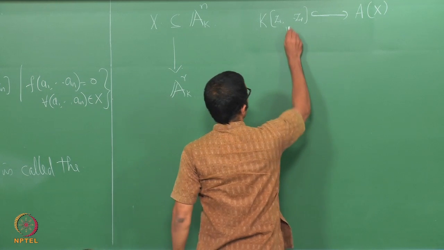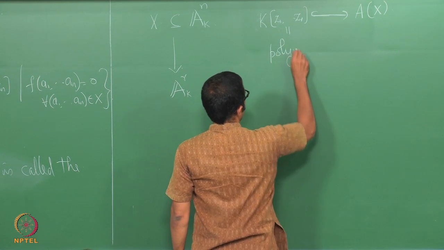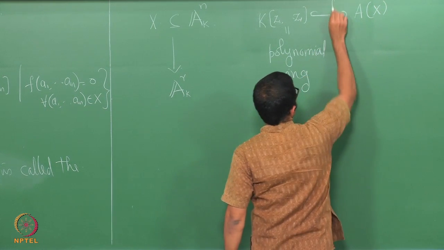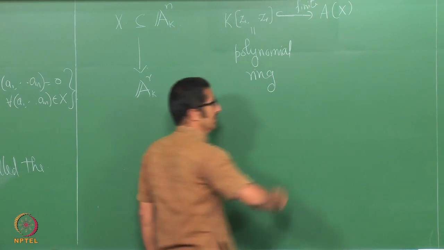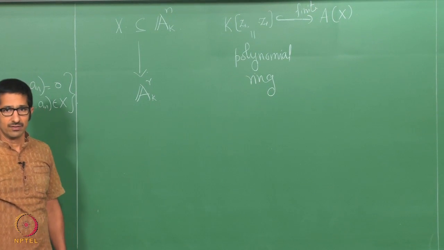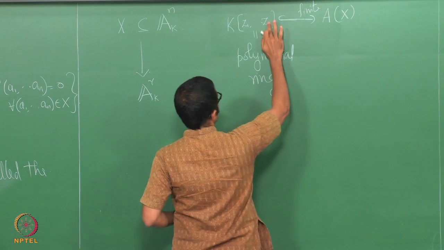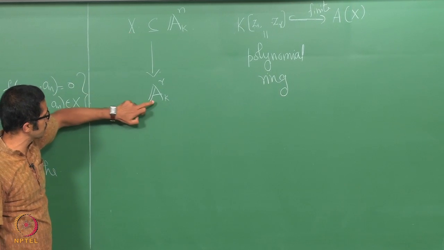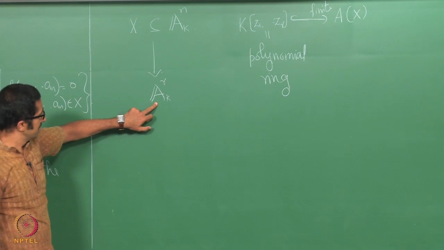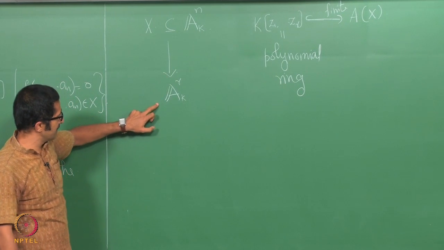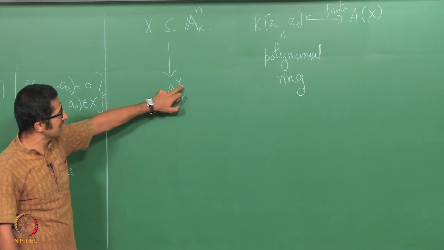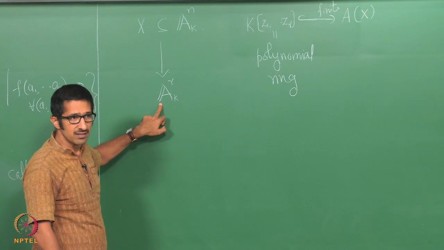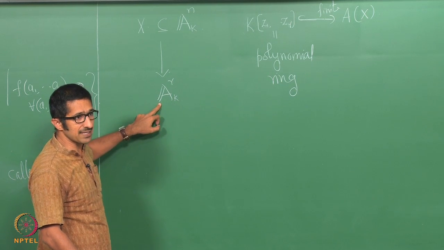This is a polynomial ring and this is a finite extension. So, this will be the coordinate ring of this, because you have only the 0 polynomial.